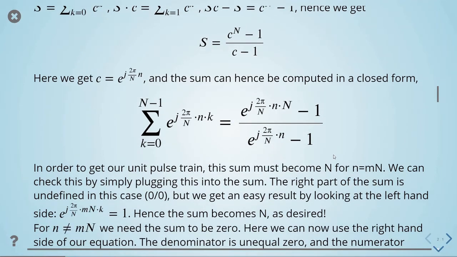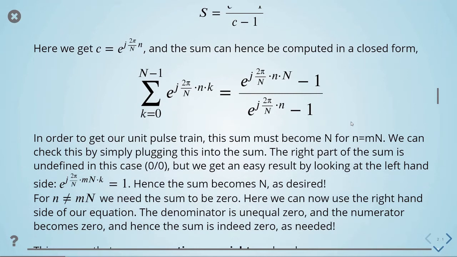We can simply plug this into the sum. The right part of the sum is undefined in this case, but we get an easy result by looking at the left hand side. This part here is equal to 1, and this sum becomes N as desired.